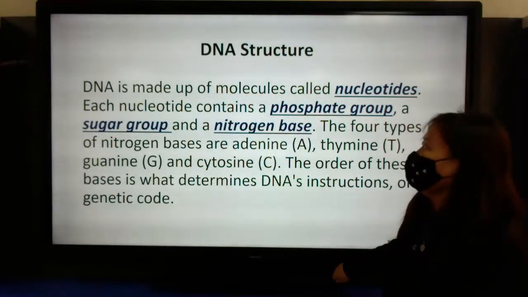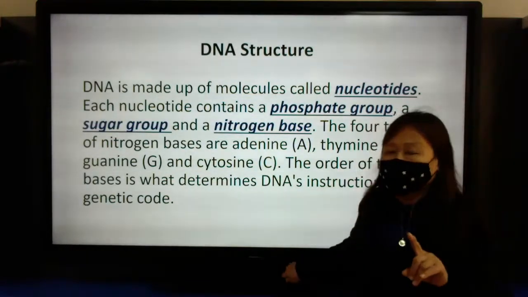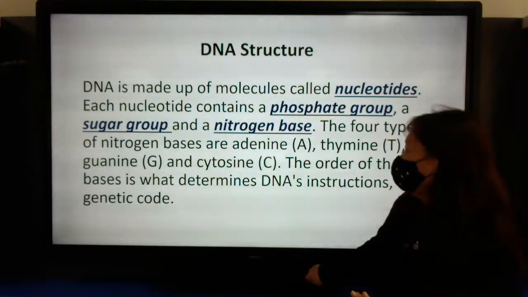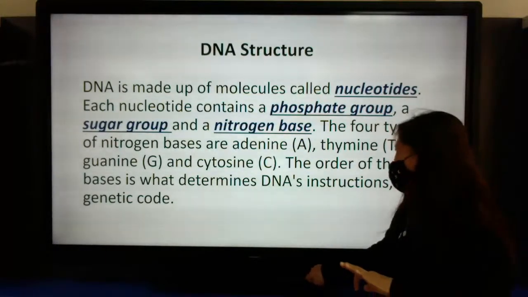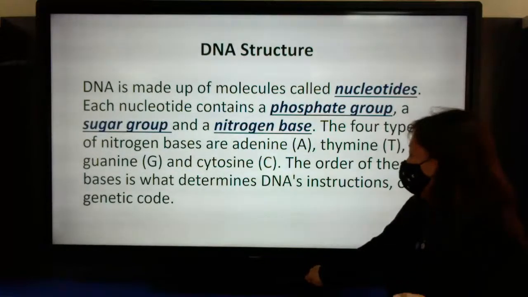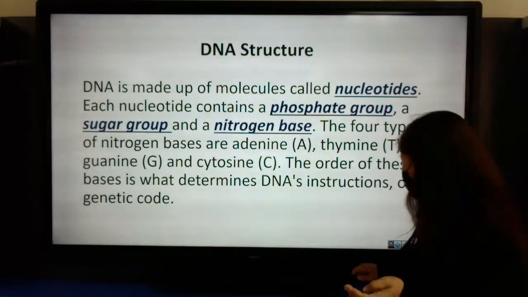So again, the DNA molecule is made up basically of the nucleotide. The nucleotide is made up of 3 parts: phosphate, sugar, and nitrogen base. And there are 4 bases. We have A, adenine, T, thymine, G, guanine, and C, cytosine.